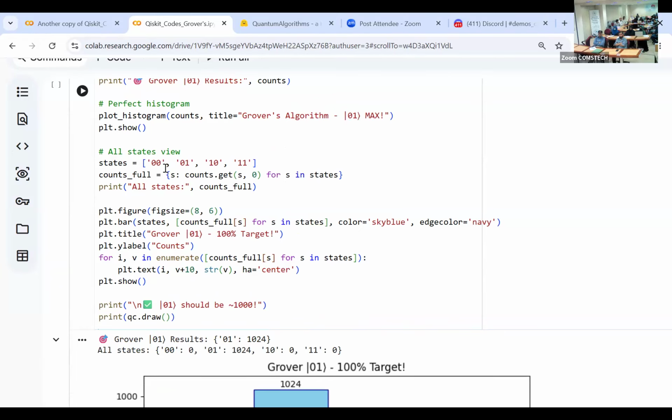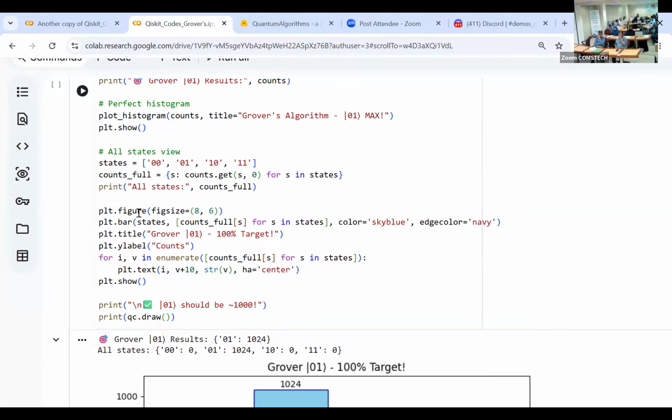Now we have 4 states, that is 0, 0, 0, 1, 1, 0, 1, 1. Now we want the histogram to plot all of them with their counts. So we're going to define the states, that these are the 4 states, and then the computing around that would be counting how much each state is going to show up, and it's going to save it inside the counts full variable, and in the end we are going to print that variable.